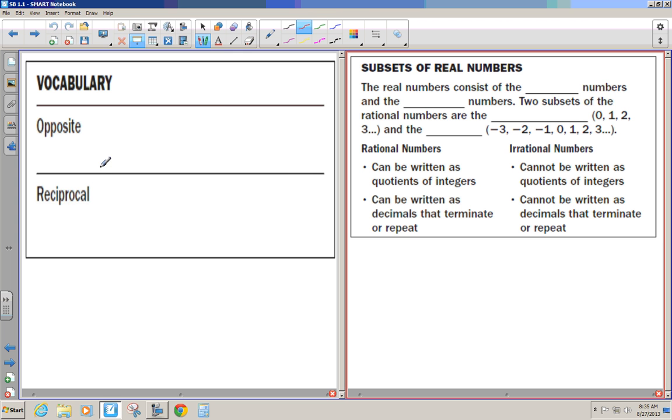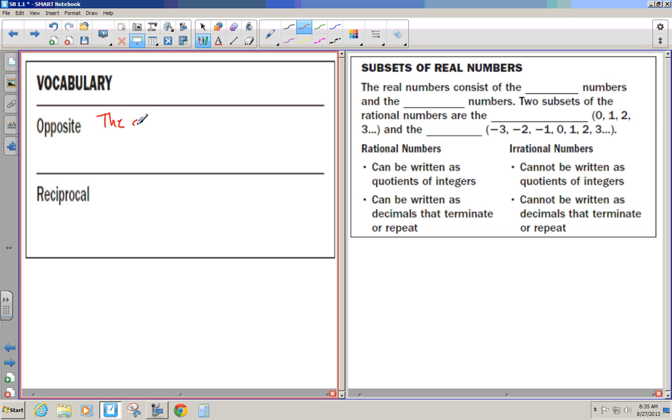And the first one should be opposite. Now, we talked about this in the words to review. The opposite of any number, it's also known as maybe the additive inverse, but instead of using numbers as an example, it really should say that you use a variable.